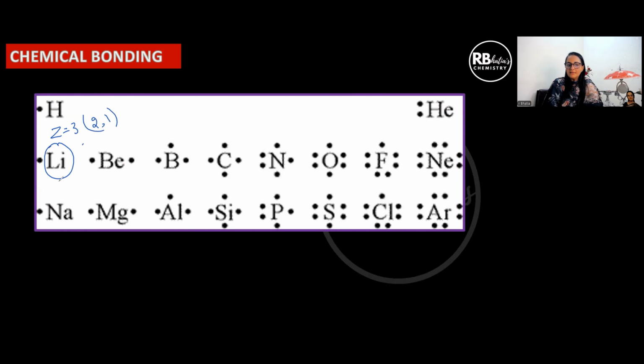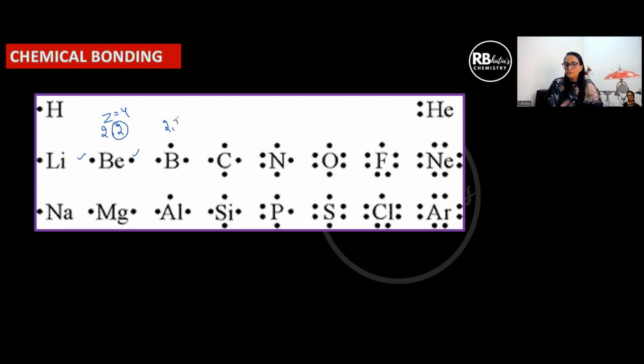I have written lithium, and writing the symbol means I'm showing the nucleus plus its core electrons. I've put the valence electron as a dot. Similarly, beryllium, Z is 4, so the configuration is 2, 2. So the 2 valence electrons will be shown along with the symbol.